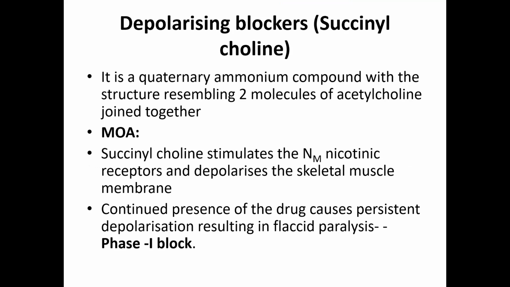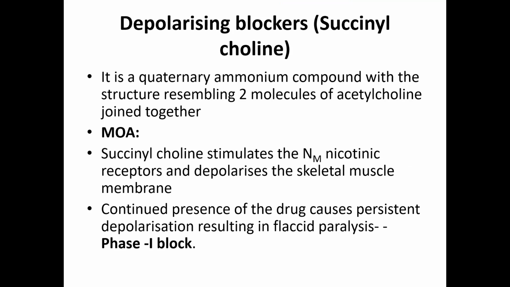And coming to the second group of drugs, those are depolarizing blockers. Example, succinylcholine. Succinylcholine is a quaternary ammonium compound with a structure resembling two molecules of acetylcholine joined together.